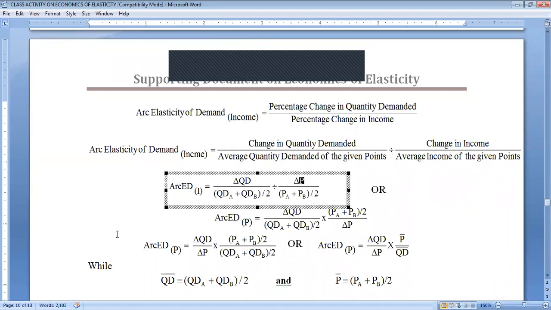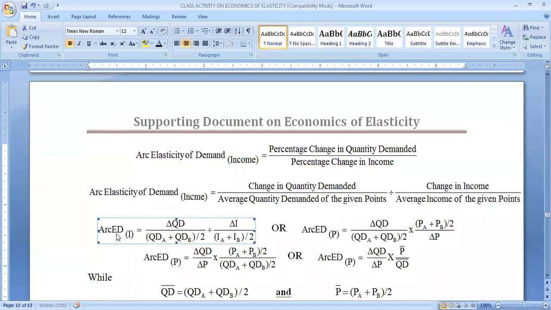Then the sign of division appears. Then change in income can be replaced with delta I, and average income can be replaced with income at point A plus income at point B, and the sum should be divided by 2, right?